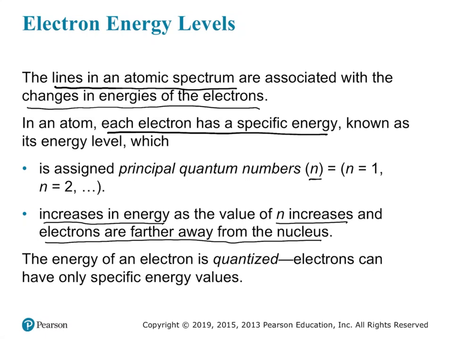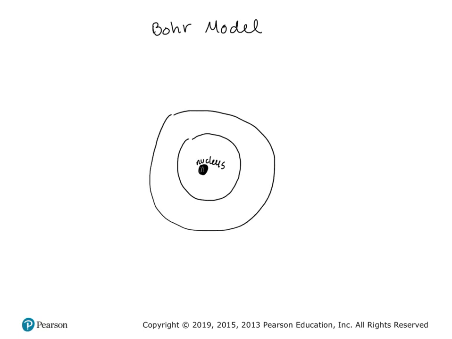So let me draw a picture real quick, and then we'll come back to this slide. So I'm going to draw the Bohr model of the atom. So we've got our nucleus in the middle. And then we have these energy levels that electrons exist in, and those surround the nucleus.